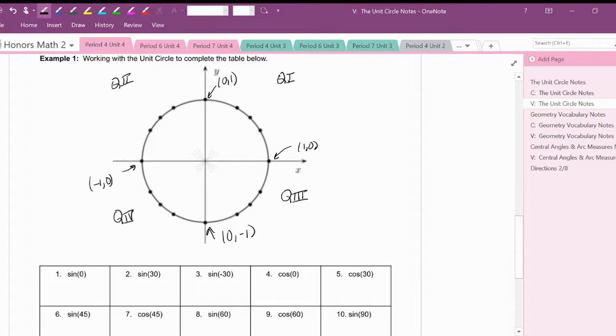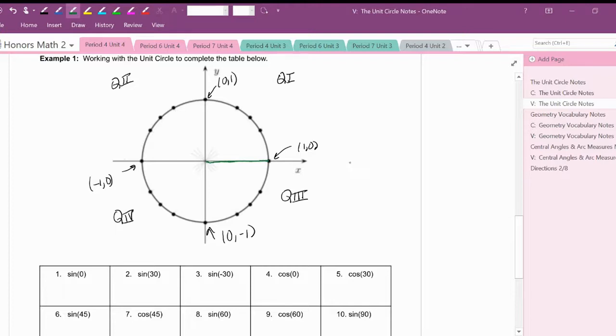All right, and what we're going to do is draw in our angle in standard position to get these answers. So sine of a 0-degree angle, that would mean the initial side and the terminal side are on top of each other and are on the x-axis.